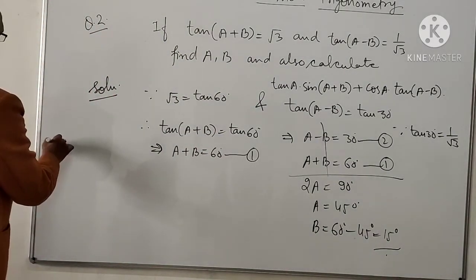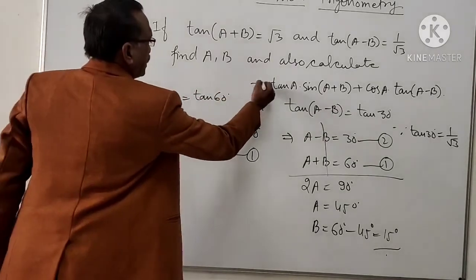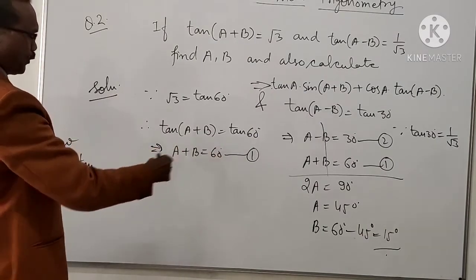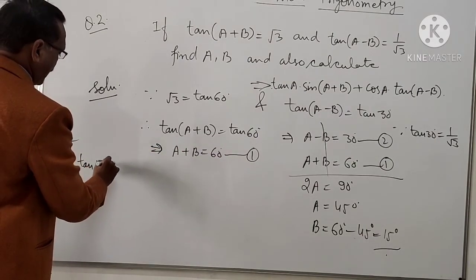Now to calculate this result, value of tan A, here A is 45, so tan 45 degree.